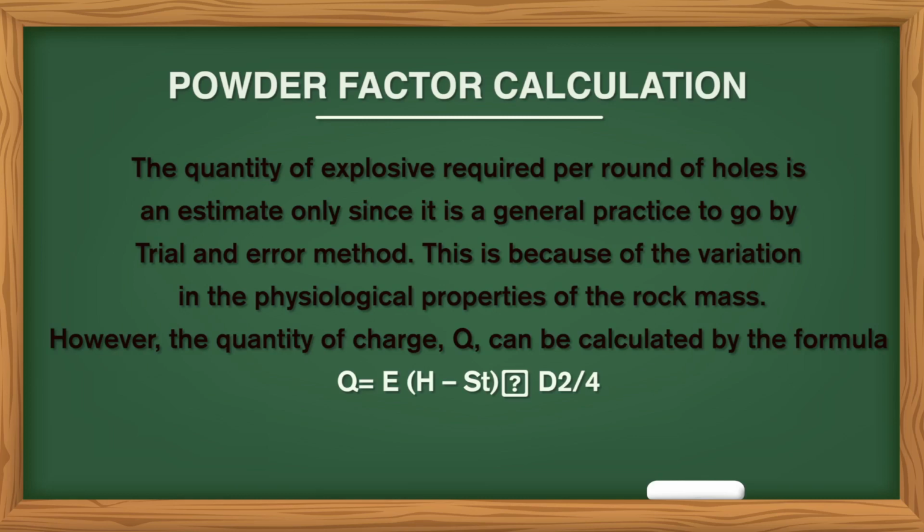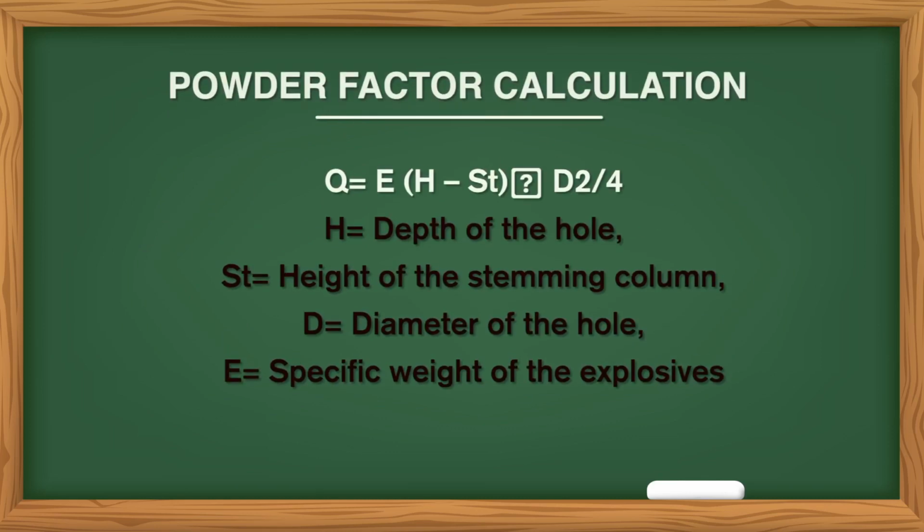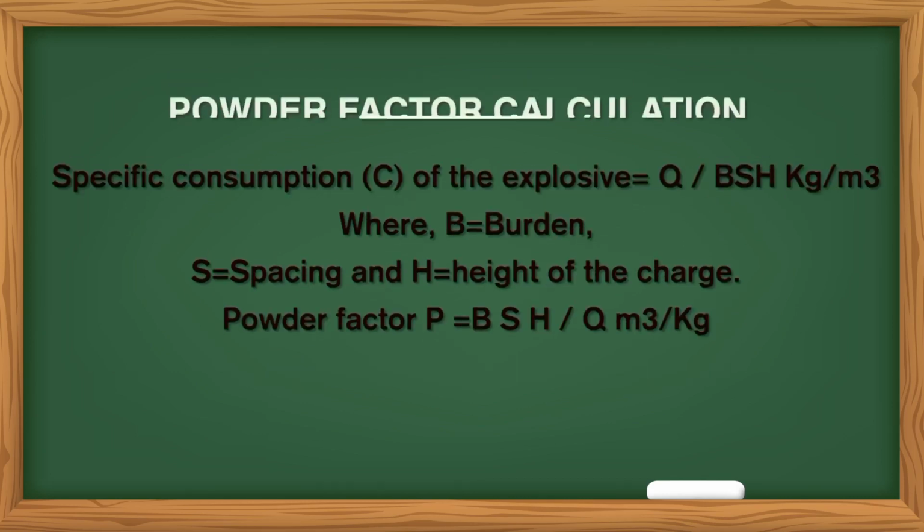However, the quantity of charge Q can be calculated by the formula Q = E × (H − St) × πd²/4, where H is the depth of the hole, St is the height of the stemming column, d is the diameter of the hole, and E is the specific weight of the explosive.